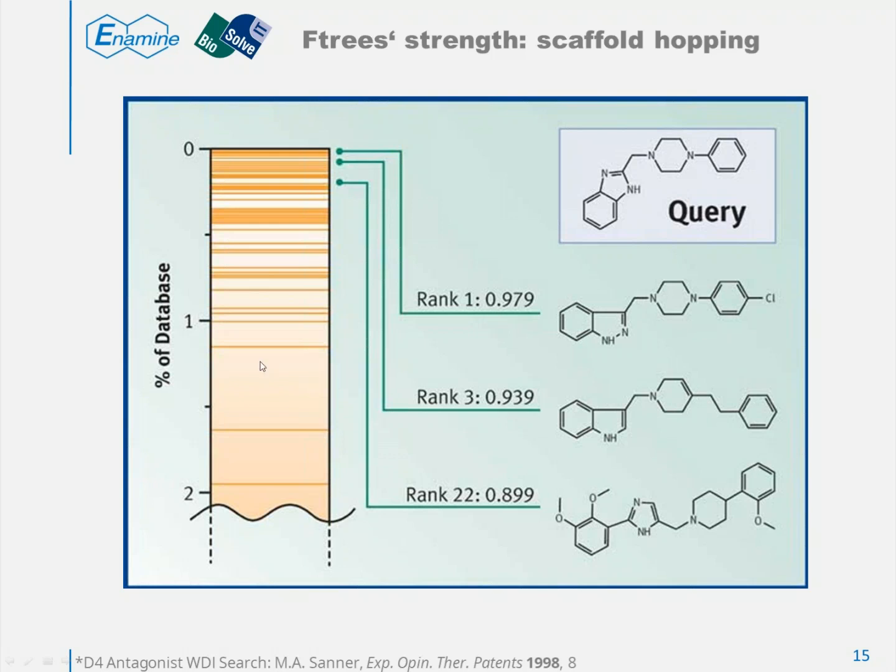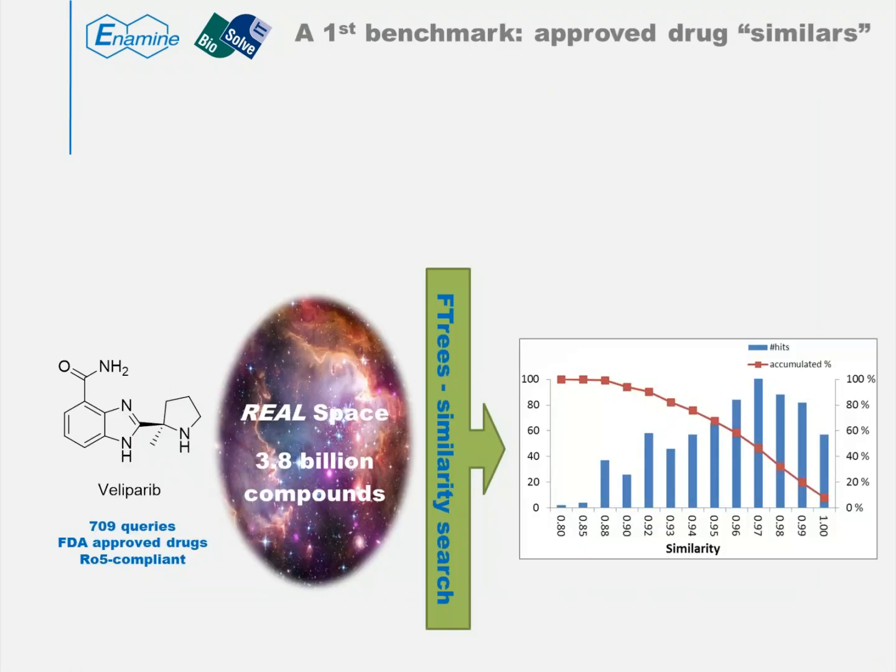So you see there is a real enrichment in the top 1% of the database. And you see these molecules here are other agonists, and they show some really good differences in the scaffold to the query. So with Ftrees, you can not only search for very close analogs, but for scaffold hops too.